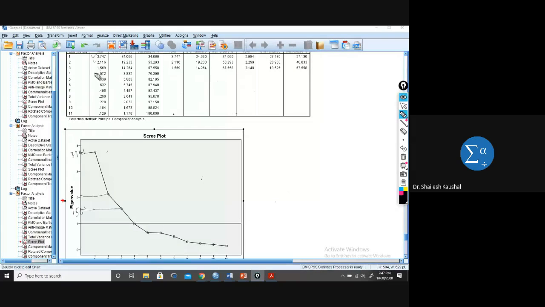What is the value? 0.972. We will not include these factors. Okay, so we will retain only the 3 factors, 1, 2, and 3.